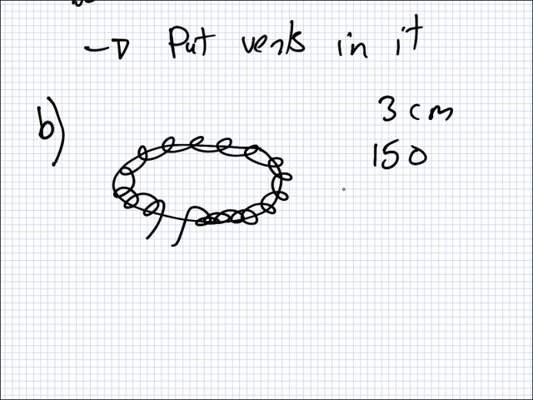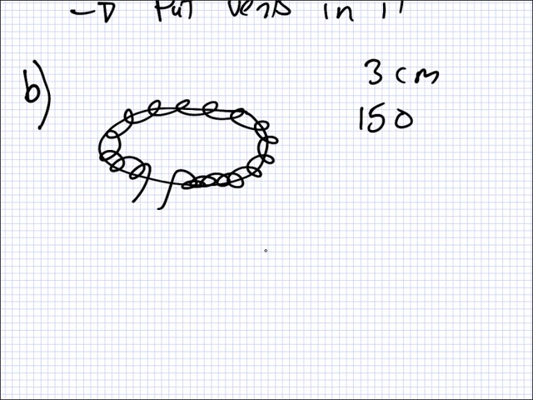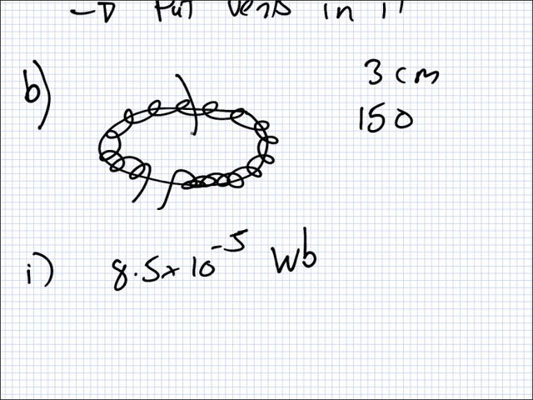Okay, go on. In a constant magnetic field, the maximum flux linkage experienced by the coil is 8.5 times 10 to the minus 5 webers. This determines the magnetic field strength at this point. That's the maximum flux you said. Yeah.